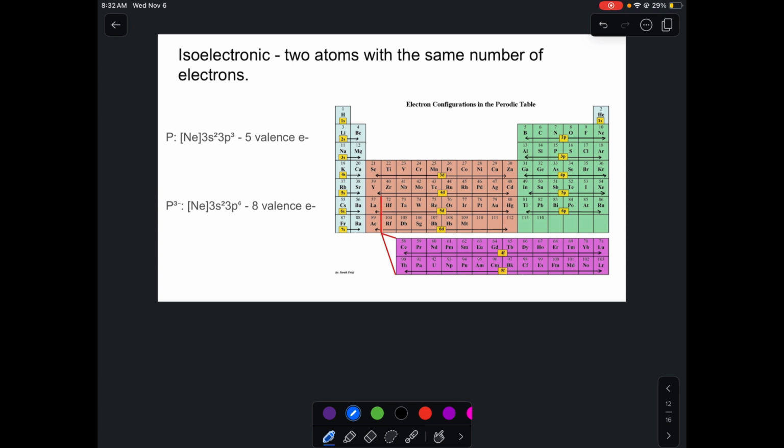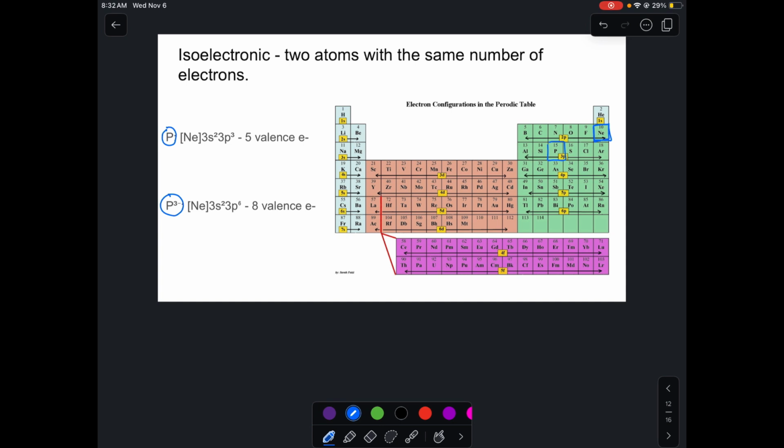Okay, so let's look at these 2 examples here. We've got phosphorus, and we've got phosphorus with a -3 charge. Let's find phosphorus first of all. It's right here. Okay, and the noble gas that they're using is neon.